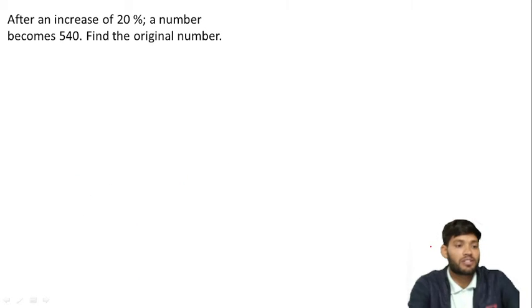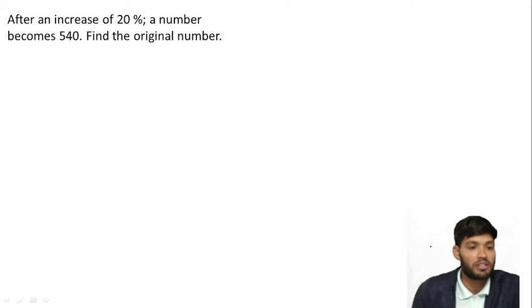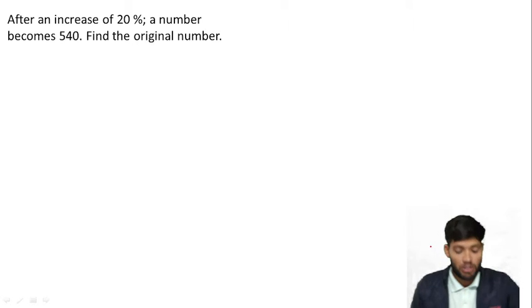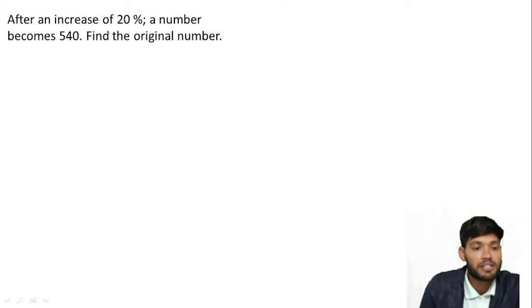Now this is the next question. After an increment of 20%, a number becomes 540. Find the original number. After an increase of 20% in any number, when we increase its 20%, the number becomes 540. Find the original number. So how can we solve it?